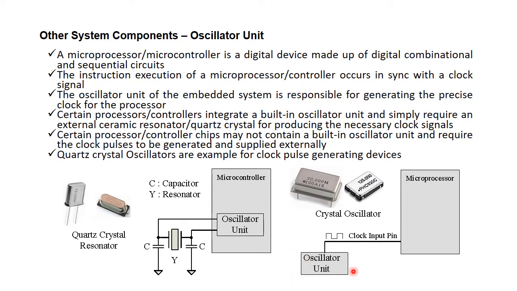So the oscillator unit itself is external to the microprocessor, whereas in a microcontroller the oscillator unit is internal but the clock circuit is external. There is a difference between a microprocessor and a microcontroller. The oscillator unit is internal to the microcontroller, and it is off the chip, or external, for the microprocessor. This oscillator unit is in turn connected to the clock circuit.